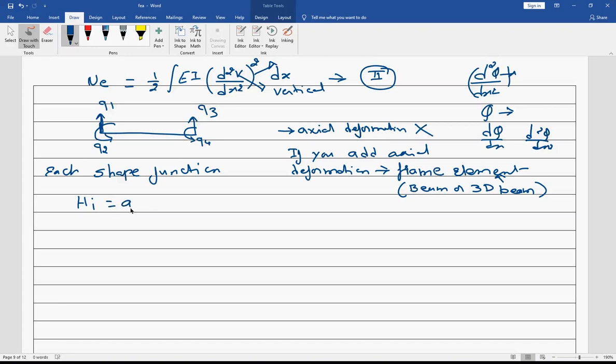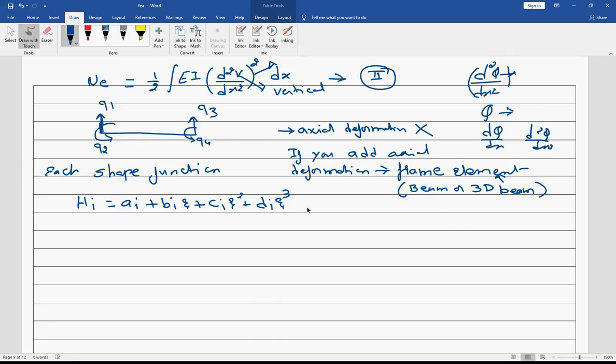So i could be any value which varies from 1 to 4. It has 4 degrees of freedom, therefore 4 shape functions it will be having. Okay, so ai, and it is a cubic spline. So I'll have 4 constants, and to evaluate 4 constants I require 4 shape functions. That's what I'm going to get.